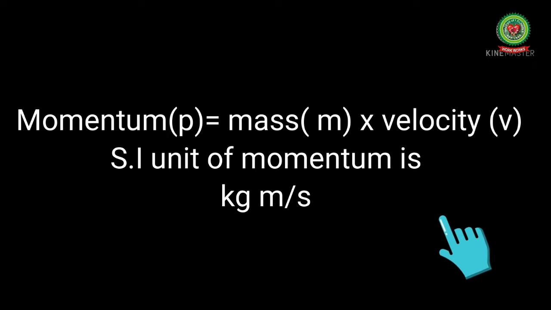The formula for finding momentum is P equal to m into v. As the unit of mass is kg and velocity has the unit meter per second, therefore we can say the SI unit of momentum is kg meter per second.